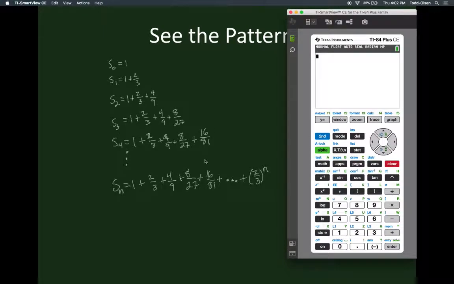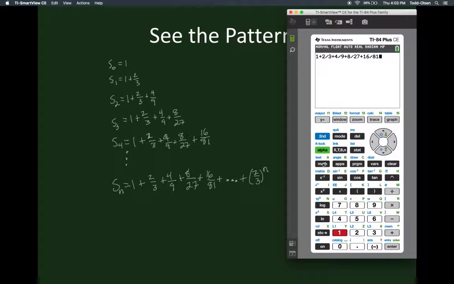For example, if I wanted to calculate this S sub 4 partial sum, I could type it in, just say 1 plus 2/3 plus 4/9. And I want the answer back as a fraction.